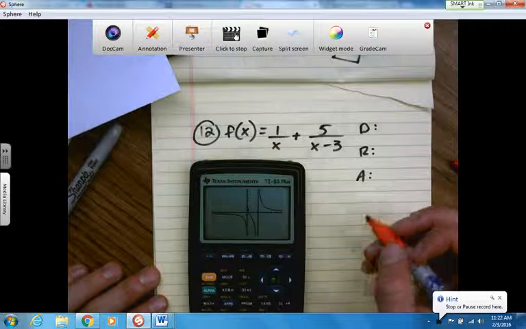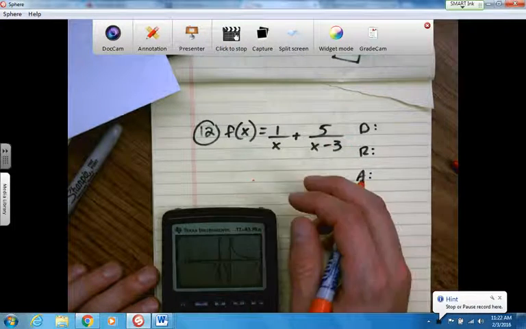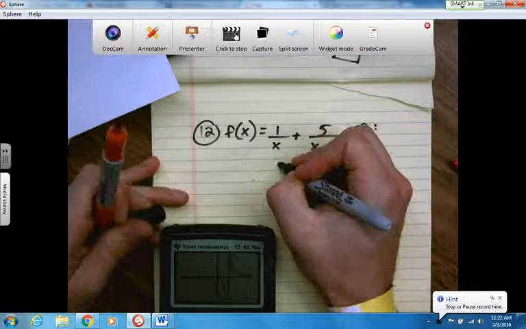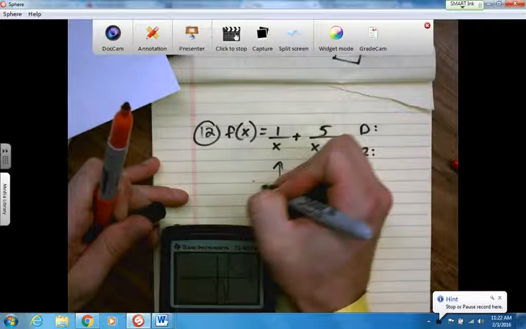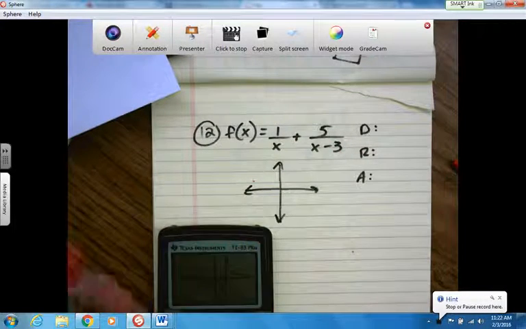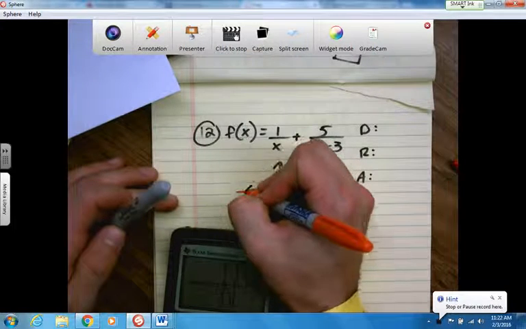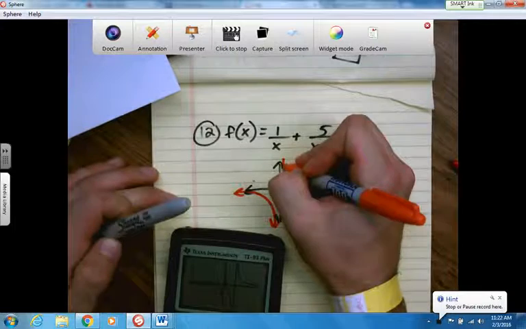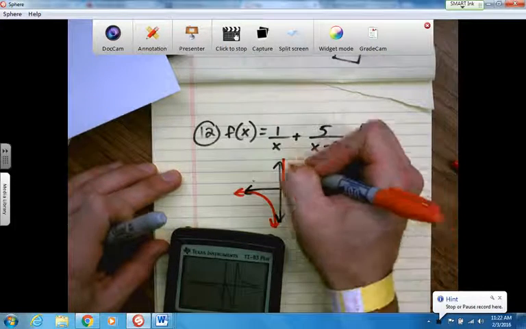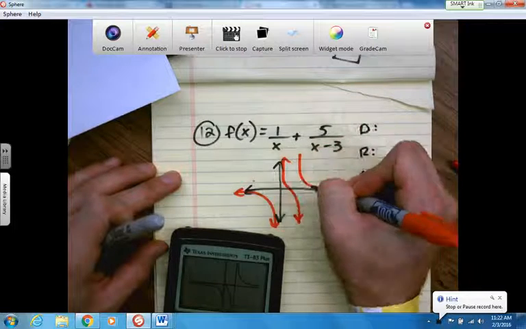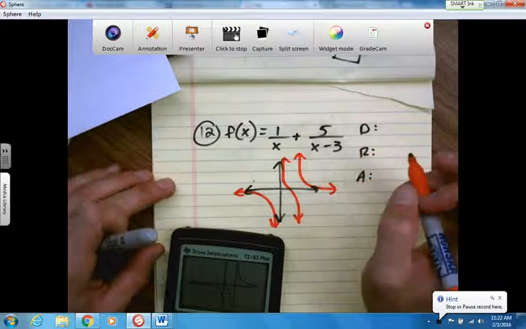So, let's draw this graph real quick. I'll draw it right here. Okay, so we see that this graph is coming from negative infinity, dropping down this way. Then we've got a section that goes like this, and then I've got another section that's coming and going right here. So hot darn, right? A lot of stuff going on.